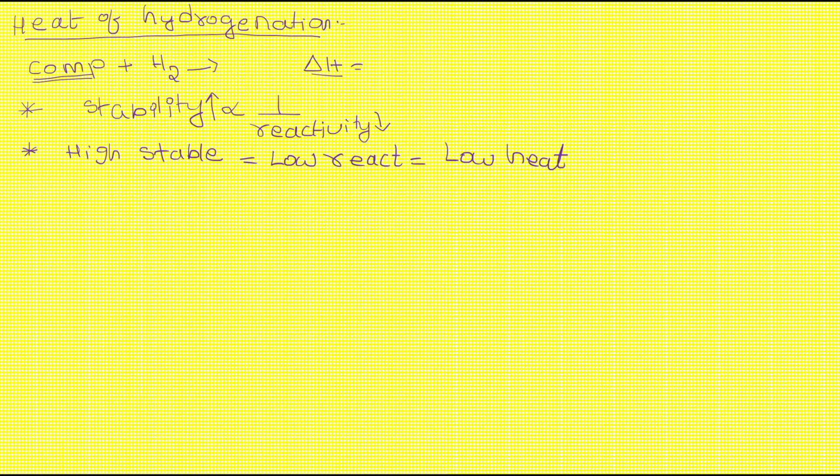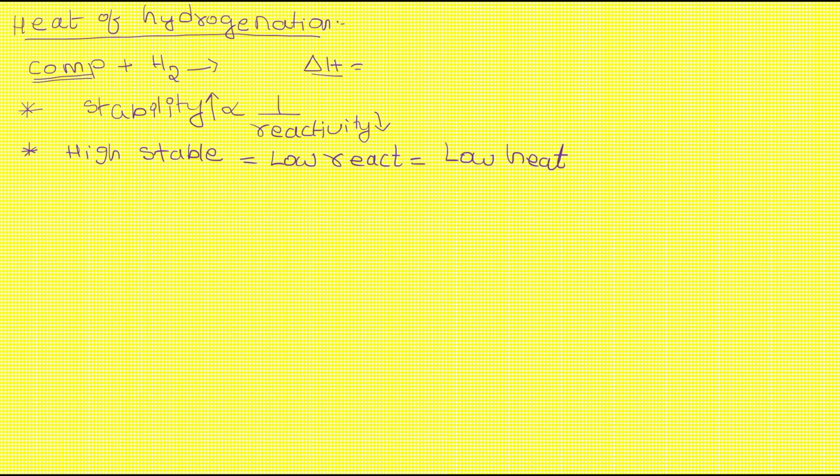So in an examination, if compounds are given and they ask which compound will have a high heat of hydrogenation and which a low heat of hydrogenation, we opt for the stability of the compound, whether the compound is highly stable or less stable, and then I get the answer: low heat of hydrogenation or high heat of hydrogenation.